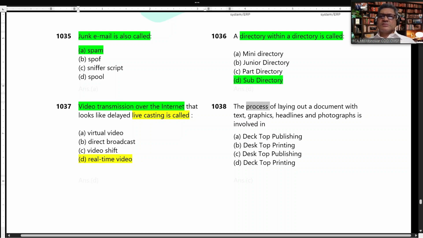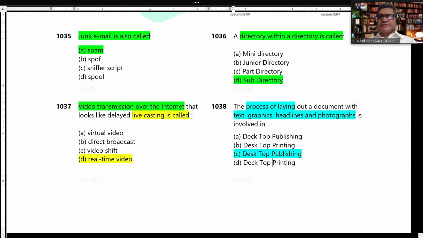Answer C. The process of laying out a document with text, graphics, headlines, and photographs is involved in desktop publishing.